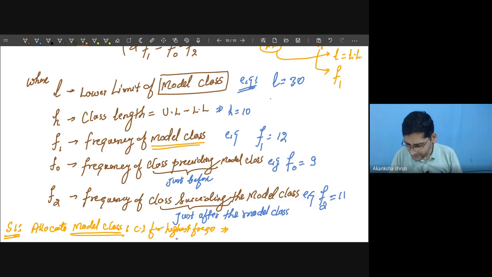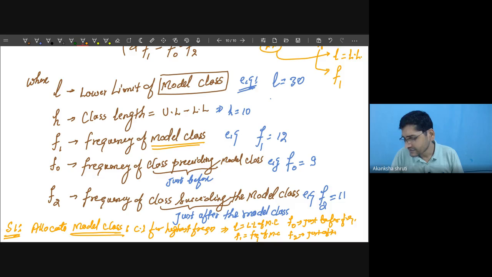From this, you can get L as the lower limit of the modal class, F1 as the frequency of the modal class, F0 the just before frequency, and F2 the just after frequency.